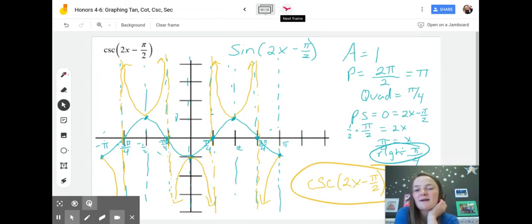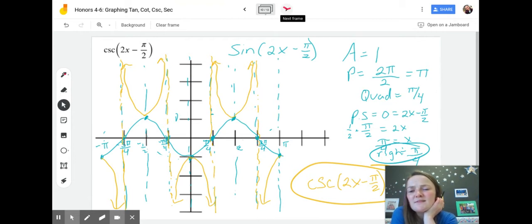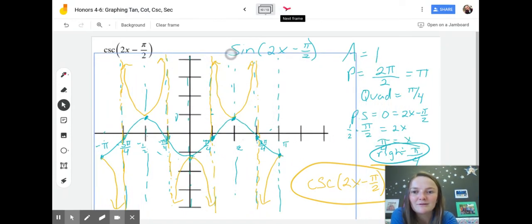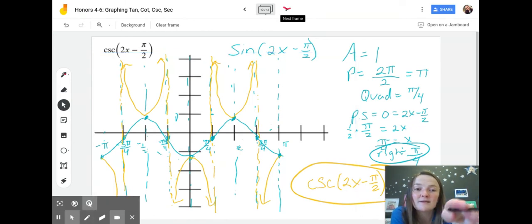Okay? All right, let's go ahead. There's just a couple practice problems today. So all I had students do was basically, if I'm going to graph cosecant of 2x minus pi over 2, if you can graph sine of 2x minus pi over 2, you can totally graph cosecant.